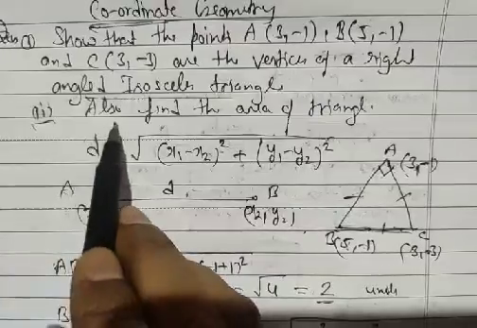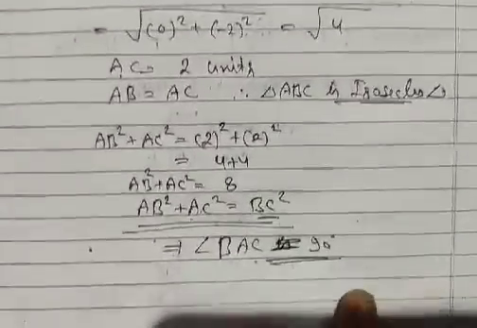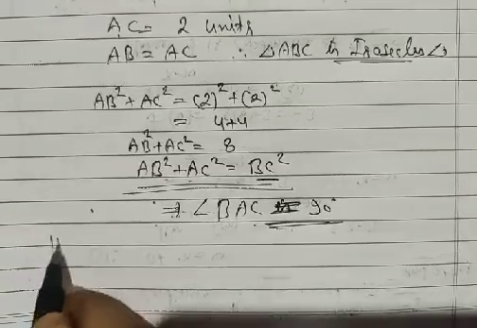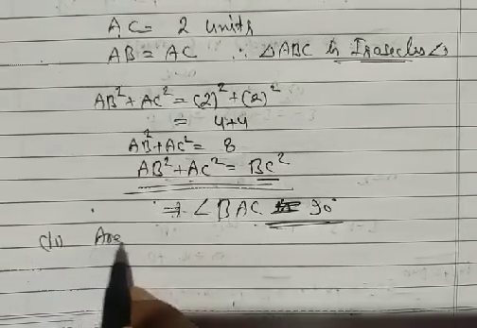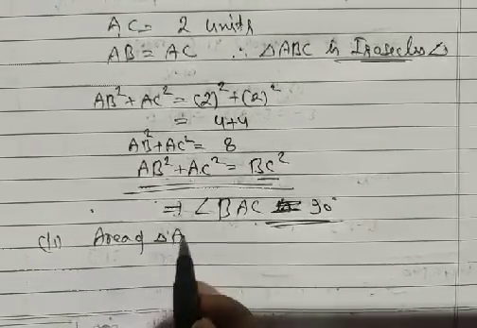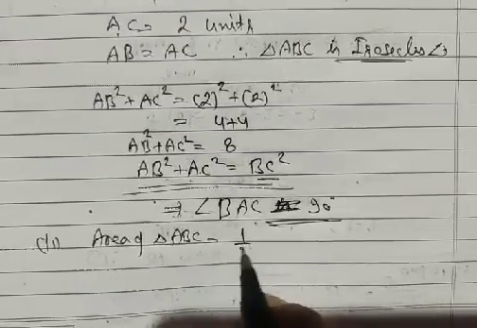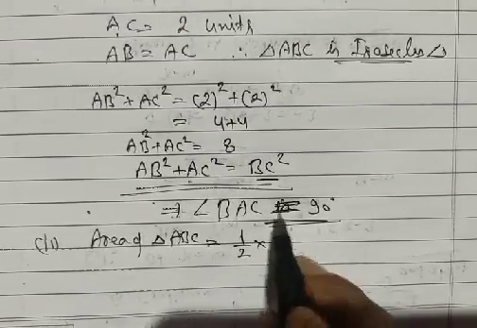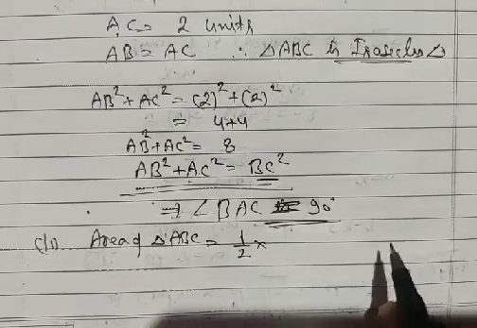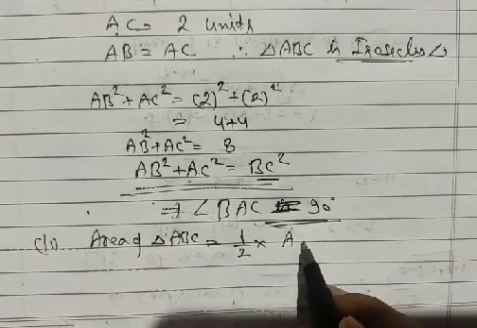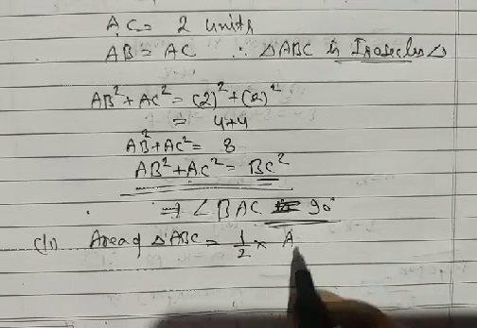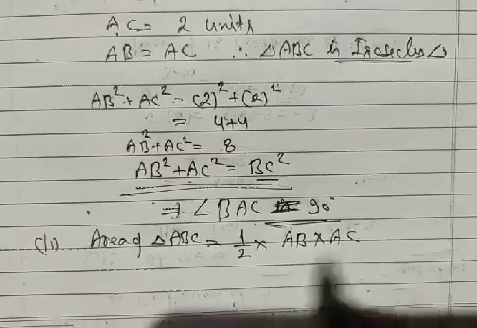Now in part 2 we also have to find the area of the triangle. Since the triangle is a right angle triangle, to do the second part we just find the area of triangle ABC using the basic concept: it's half the product of its legs. What are its legs? BC is the hypotenuse, so our legs are AB and AC.